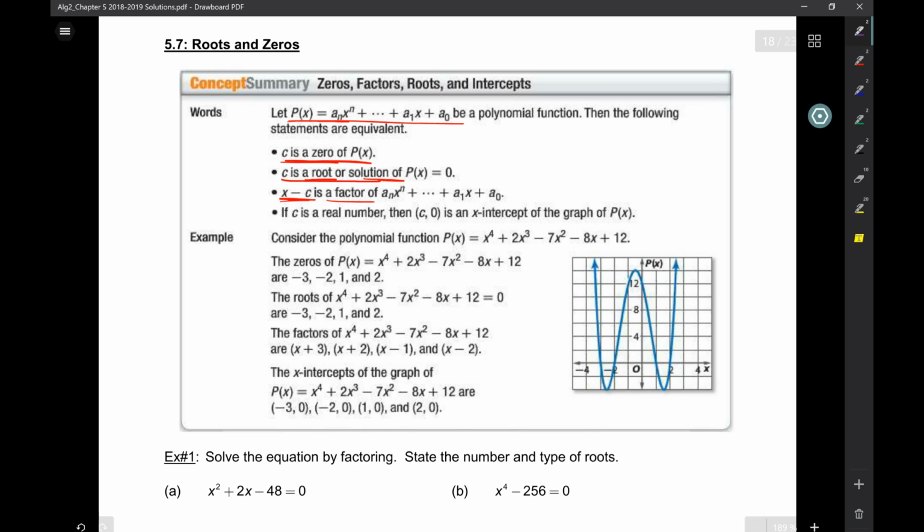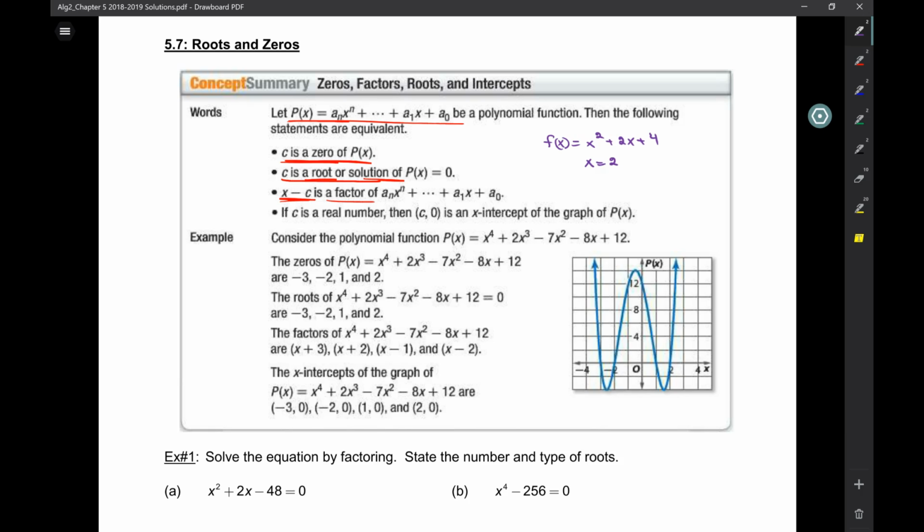So suppose you have a function, f of x is equal to x squared plus 2x plus 4. Now, x equals 2 is a solution of that. x equals 2 is a 0 of that.